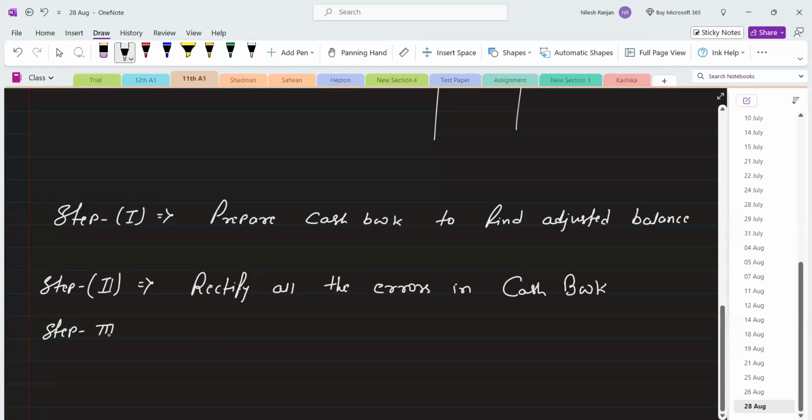Step 3, ascertain the balance of cash book.